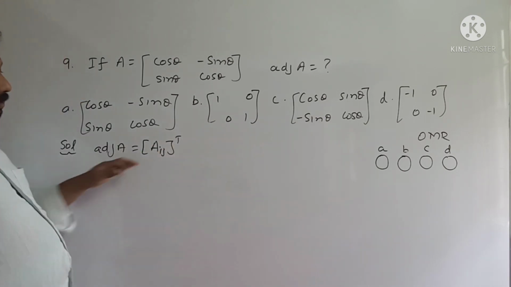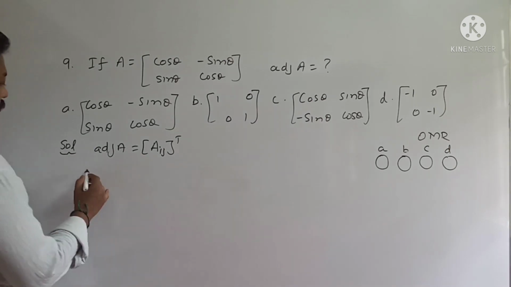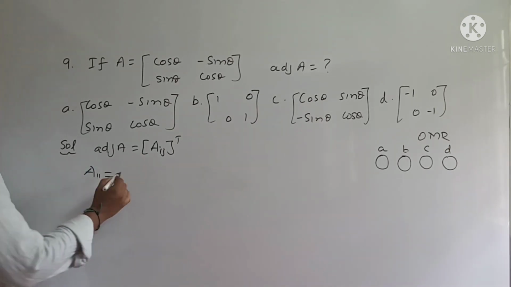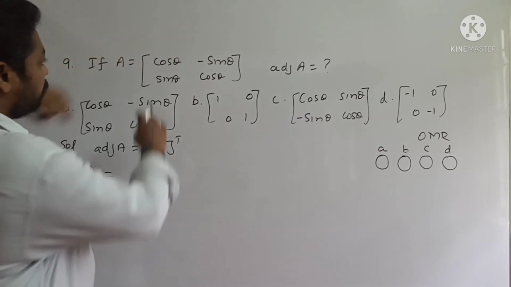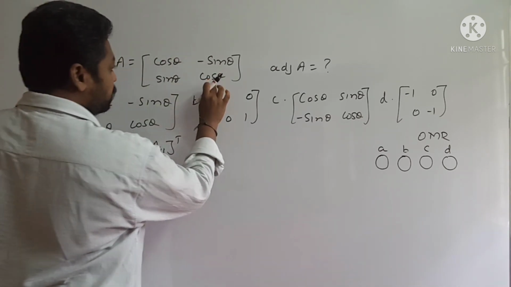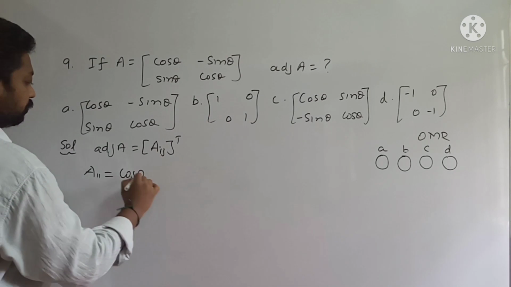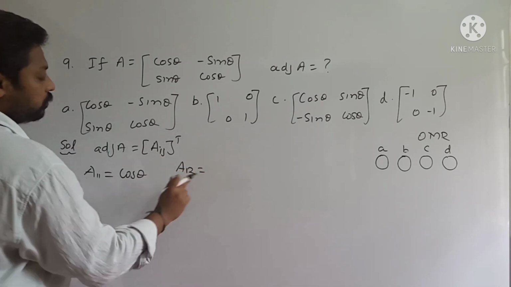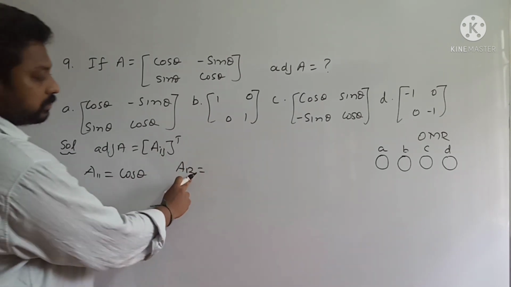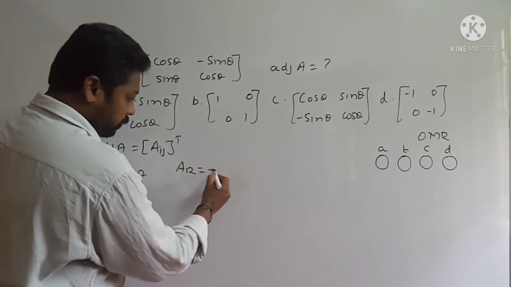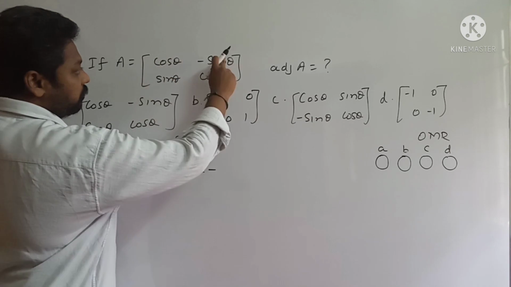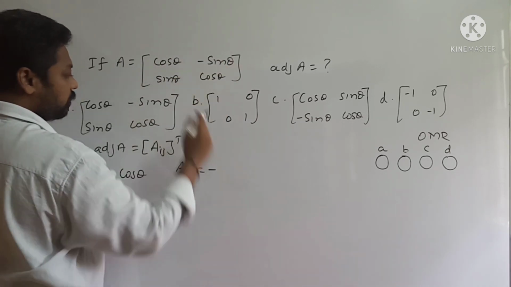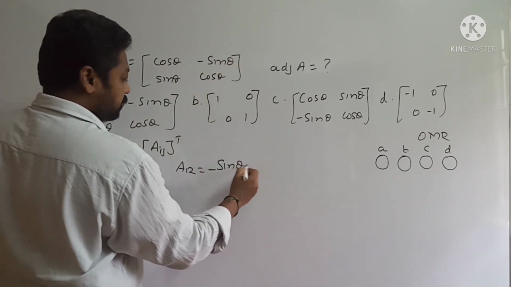So we will find A11: we leave the first row and first column, so this element is cos theta. What is A12? 1 plus 2 is an odd number, so we have to insert a minus sign. Leave the first row and second column; the diagonal element is sin theta.